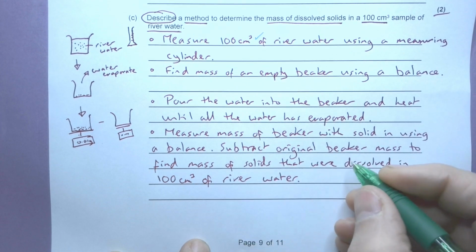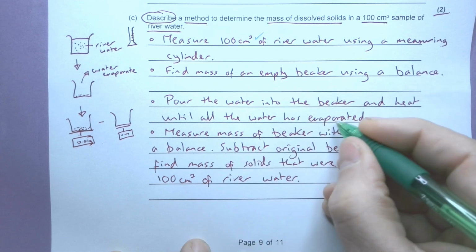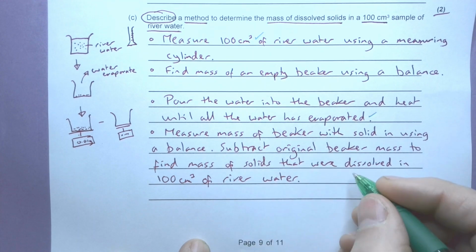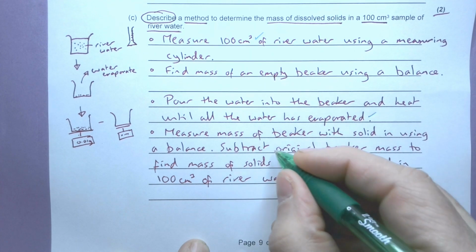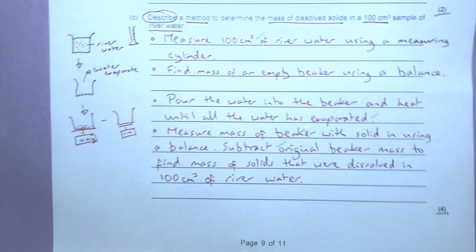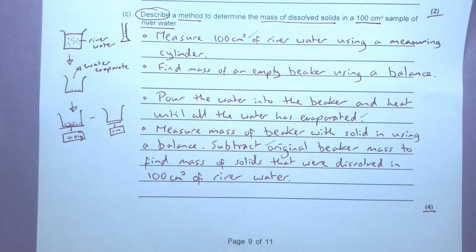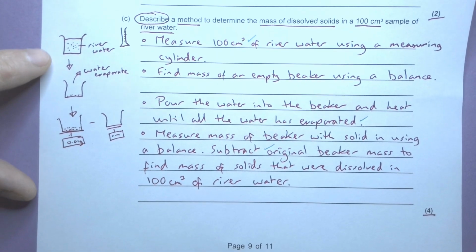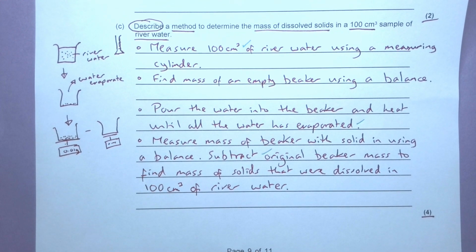I have to make sure that I heated it until it is dry, until all the water is evaporated. And I have to say that I'm going to subtract the original beaker mass to find the mass of the dissolved solids. Those 3 things will give me the 4 marks in total. But I think sometimes just drawing the little diagram can really help as well.